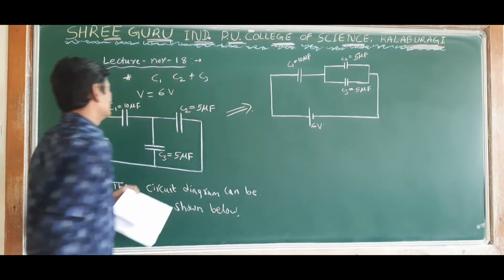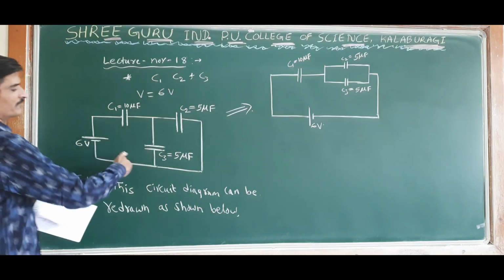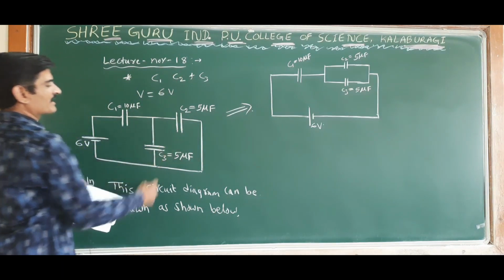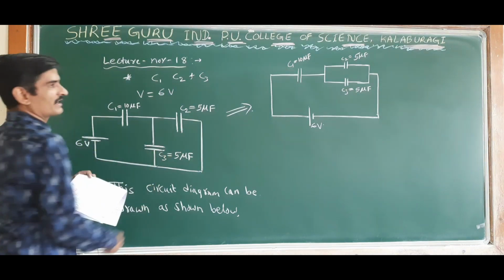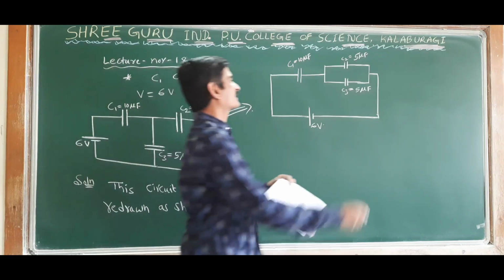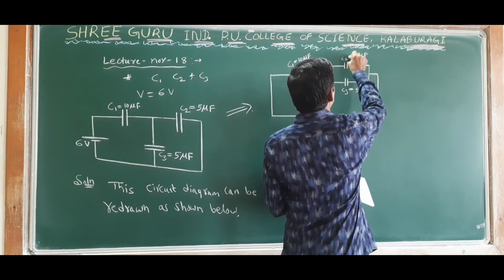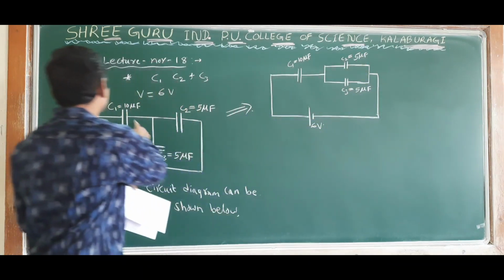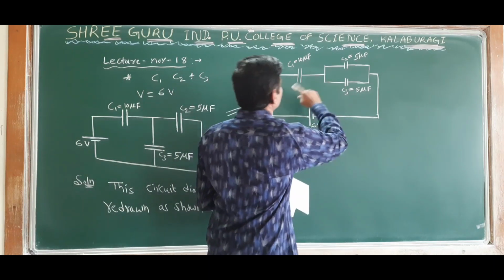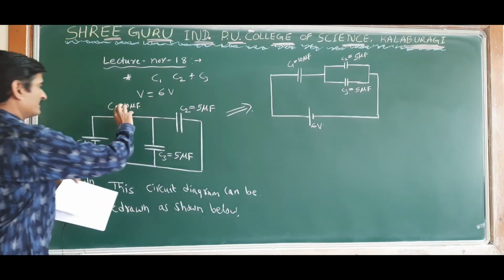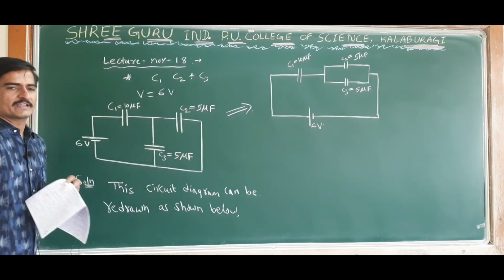See here, from this diagram, C2 and C3 are in parallel. The capacitors C2 and C3 are in parallel. So I kept capacitors C2 and C3 in parallel, and C1 is directly connected to the battery. These two and this C1 both are in series.